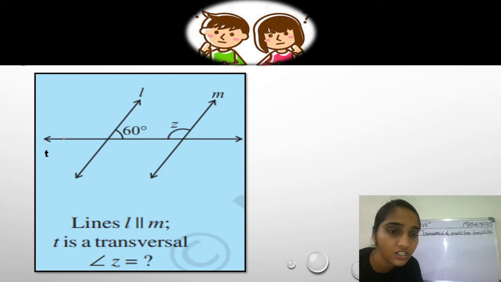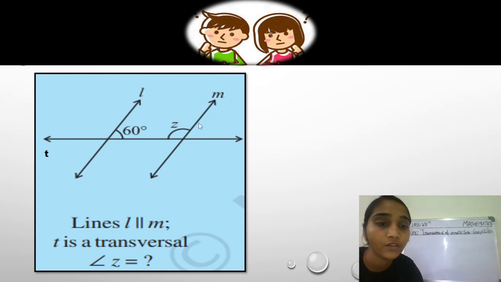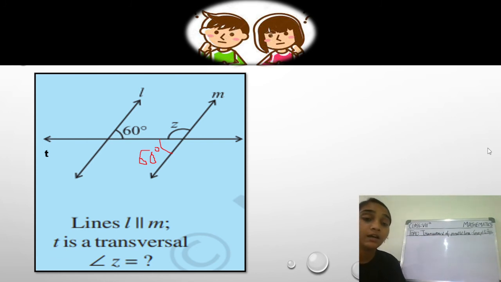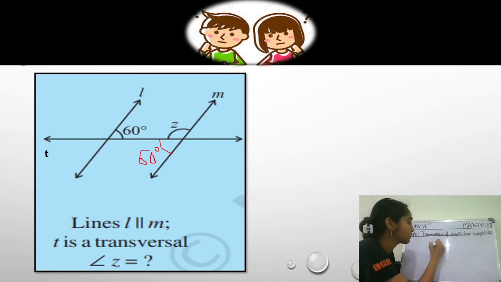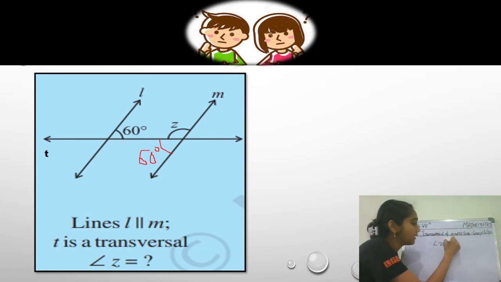Why? Because just now we discussed that this is a pair of alternate interior angles. They are always equal. Now take the help of supplementary angles. So the sum of Z and 60 degrees will be equal to 180 degrees. Very good, students. Sum of angle Z and 60 degrees is 180.